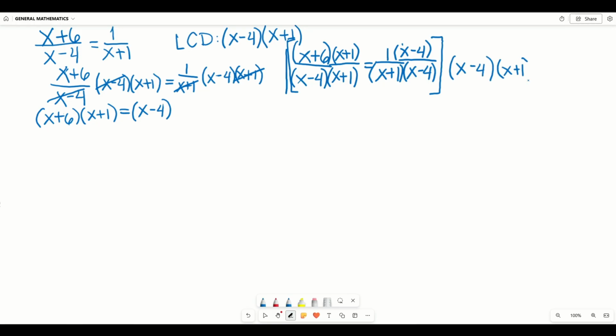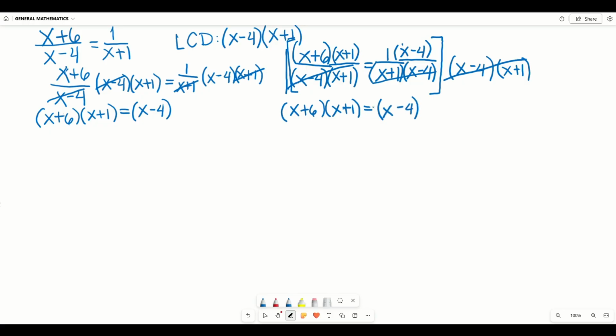But since yung denominators ng terms natin is the same with the LCD, lahat tong nasa denominator ay magka-cancel lang with the multiplier, which is the LCD. So, ang matitira lang din natin for this one is the numerator, which are x plus 6 times x plus 1 is equal to 1 times x minus 4, or simply x minus 4.